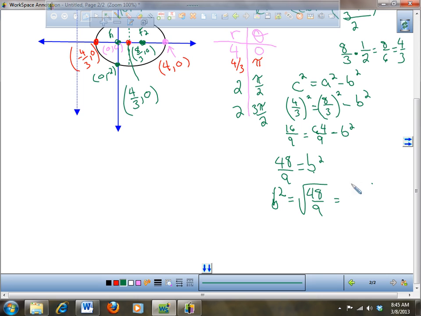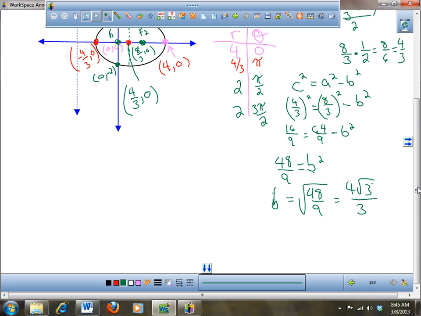On the top I could write this as 4 root of 3, and on the bottom I could put 3, because the square root of 9 is 3. B is 4 root 3 over 3. Okay, whatever that is, 4/3 of 1.732, close to 2, I'd guess, but a little bit more than 2.